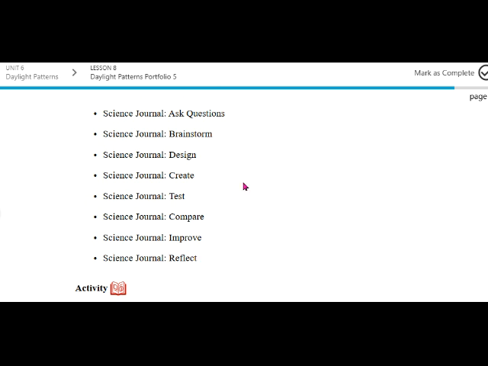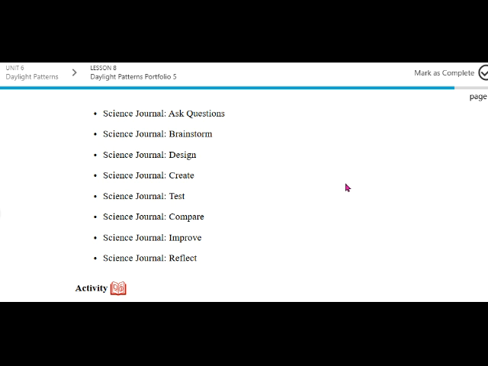Remember, each of these doesn't need to be its own page. If it is, that's fine. You can also put them together on a page if that works for you as well. Once you've collected all of these and made sure that they are all together, you're going to go to the next page and you're going to drop your assignment into the Dropbox for your teacher.